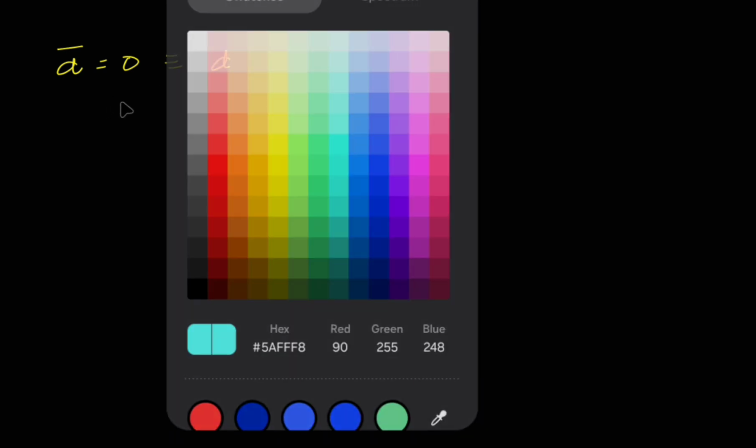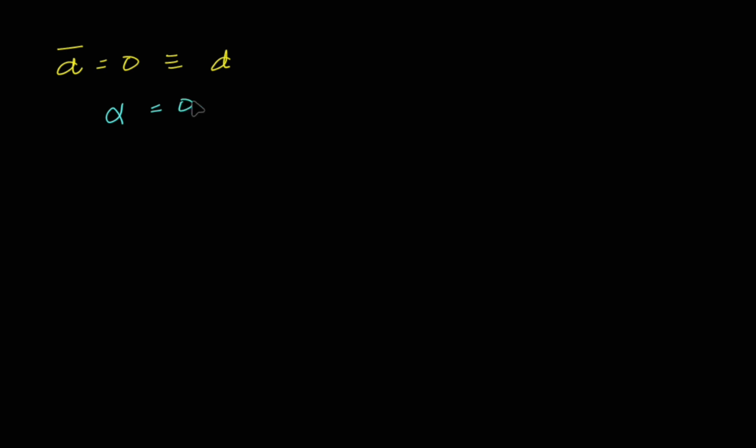If we want to write A bar equals 0, then what should we write? We should write A. Why? Because if alpha equals 0, it's alpha dash, and if alpha equals 1, then alpha.